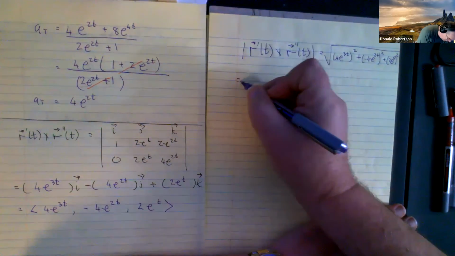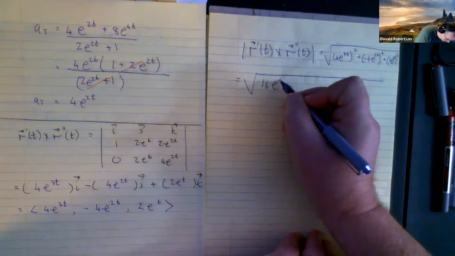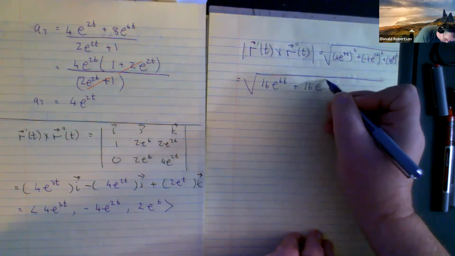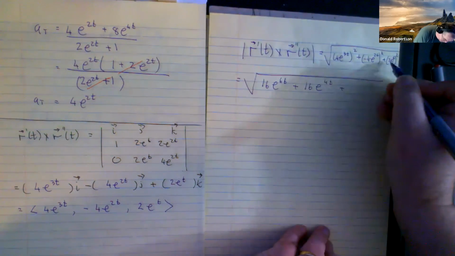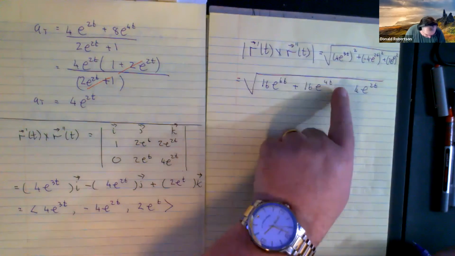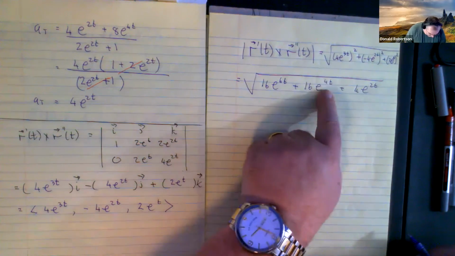I'll put it over here, I'll need the room. That guy gets you 16e to the 6t. That guy gets you 16e to the 4t. And that guy gets you 4e to the 2t. 16, yep, 16, yep, 4. Double that, double that, double that.